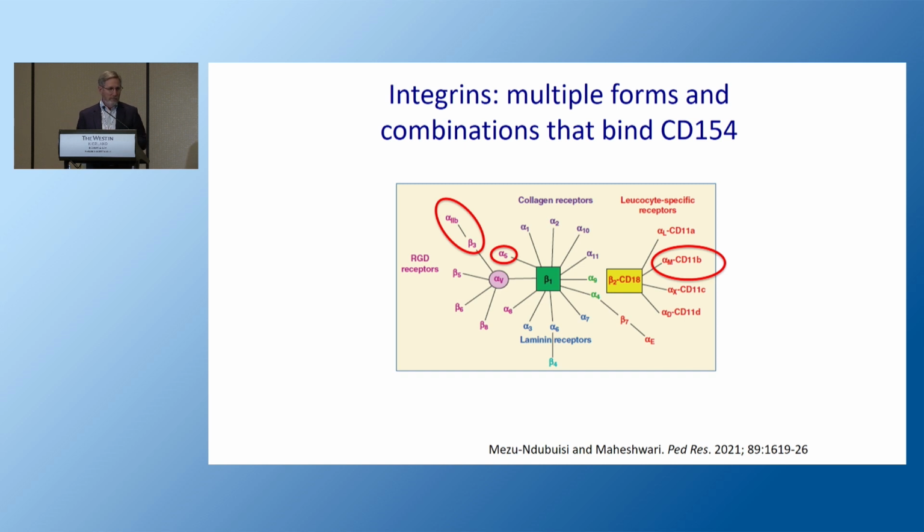So as Dr. Ford pointed out, there are lots of other sources of CD154 ligation. The one that she mentioned is the CD11B, which is also called alpha M beta 2 or CR3 or MAC1. This is why it's so complicated to follow this, because each molecule has 4 different names. But there are other integrin molecules that bind to CD154, one of which is an exclusive integrin on platelets, which is quite important for surgical implications of blockade.